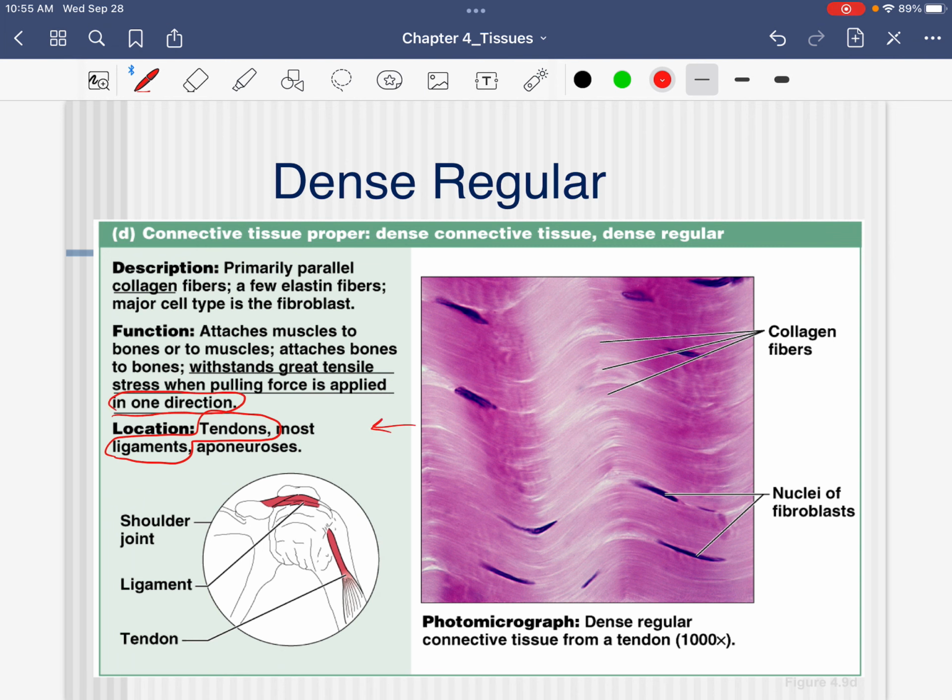Basically, it gives strength or withstands tension in whatever direction the collagen fibers are aligned. Cool. Think about tendons and ligaments, how strong they are, right? They hold together bones, ligaments do. Well, they get their strength because of these thick collagen fibers.